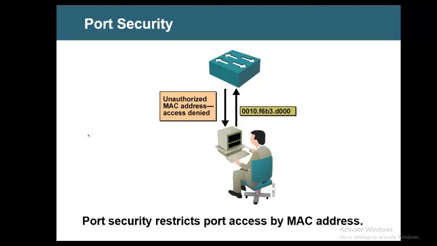What if I want 3 MAC addresses to be allowed on the port? You can set that. For example, if I connect a switch to another switch, the first switch may have 3 computers. So when I connect that first switch to the second switch, I need to allow 4 MAC addresses.